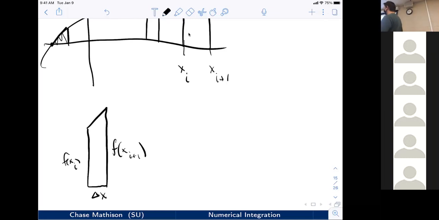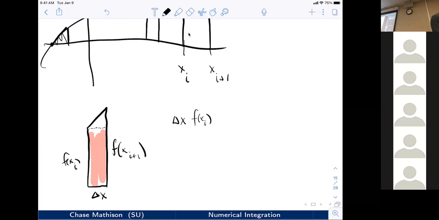Yeah, if you don't know, you could just use Google. There's a couple of different ways you could find it if you don't know. You could chop this into a rectangle and a triangle. The area of the rectangle is delta x times f of xi.